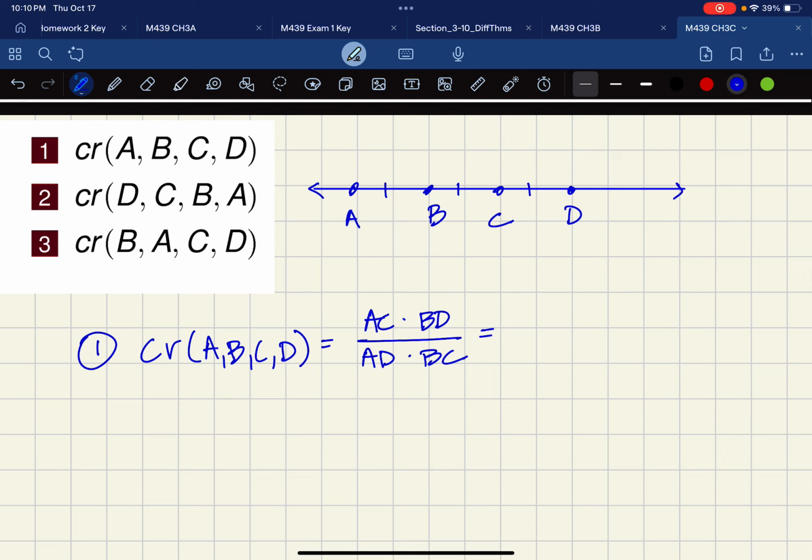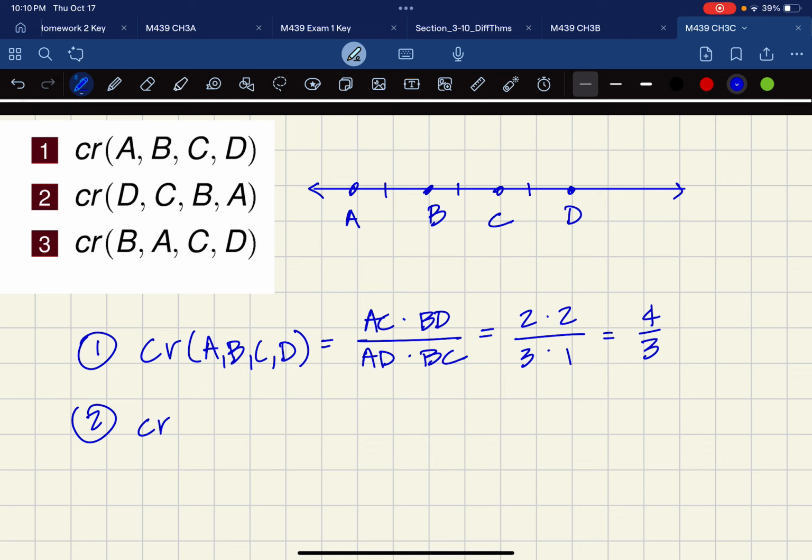So if we assign a metric, let's say it's a unit between A and B, then the distance between A and C we can think of as 2 units. The distance between B and D is 2 units. The distance between A and D is 3 units. And the distance between B and C is 1. So 4/3 is the cross ratio if we take the points in order A, B, C, and D.